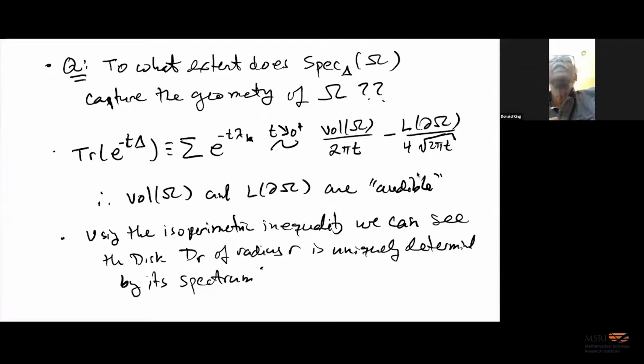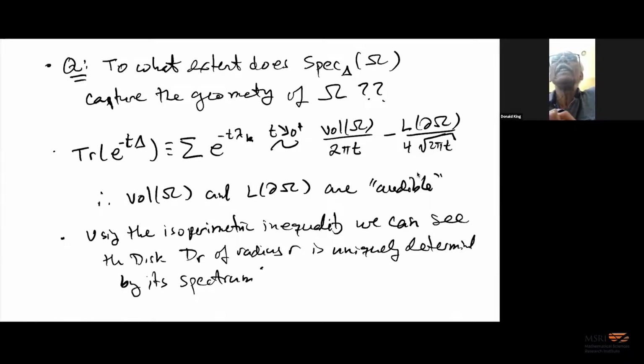Okay. So one of the things we're interested in is the relationship between the spectrum of the operator and the geometry of the region that we've been given. We can also look at the spectral distribution, the trace of e to the minus t times the operator.